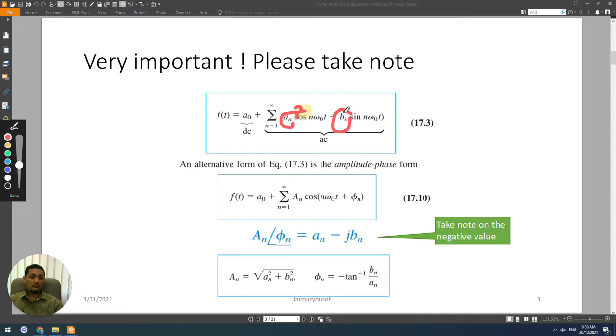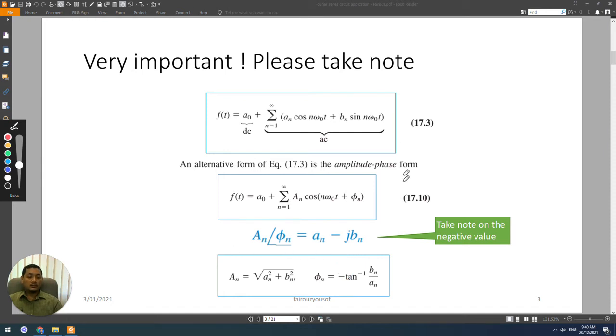We square these values, add them both, and then take the square root to get the amplitude A_n. And then same thing for phi n. We have to get the angle, which means that we have to do inverse tangent of b_n over a_n, and don't forget the negative.